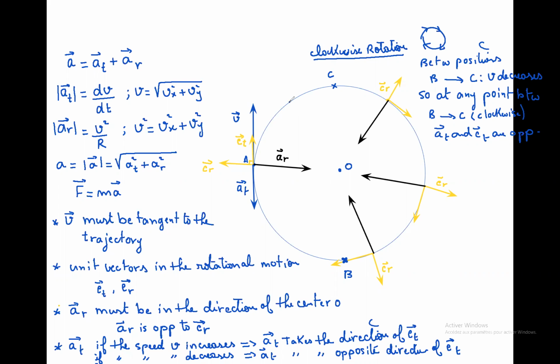If you take any other point, if you have here ET like this, AT must be opposite. At any point, AT must be opposite to ET.